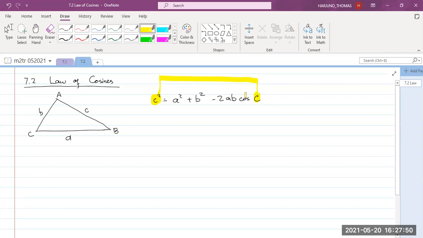Of course, if you permute the letters, the angles and the sides, then if you want A squared outside, this will be B squared plus C squared minus 2BC cosine A. If you want B squared here, then it will be A squared plus C squared minus 2AC cosine B.